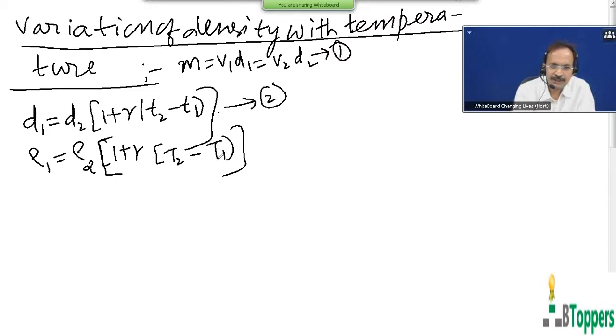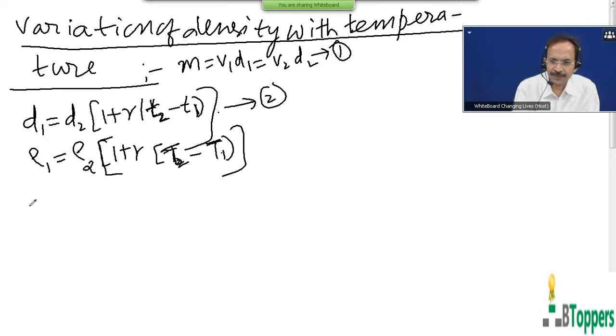Capital T1 is the temperature on the Kelvin scale corresponding to small t1 on the centigrade scale, and capital T2 corresponds to small t2 on the centigrade scale. So the change in temperature of a substance on the Kelvin scale is numerically the same as the change in temperature on the centigrade scale.